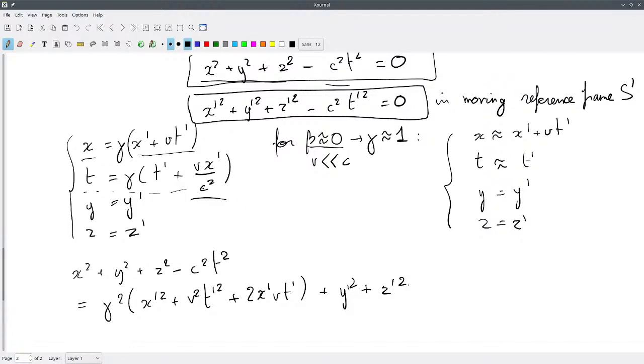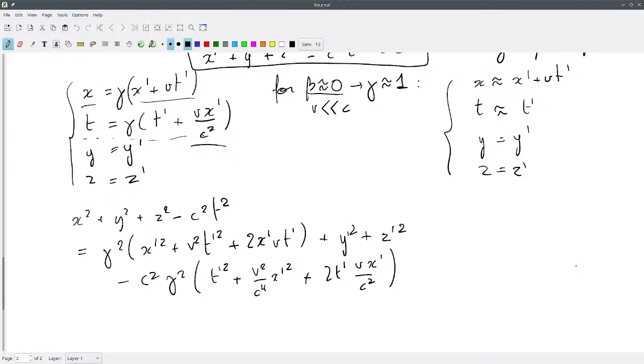And then we have our time component. I'm going to start a new line here. So we're going to get minus c squared times the time squared, which is going to have another gamma squared, and then t prime squared plus v squared over c to the fourth x prime squared plus 2t prime v x prime over c squared.